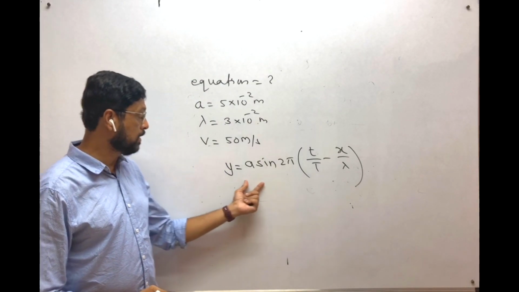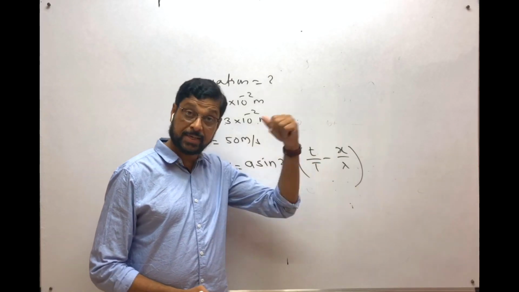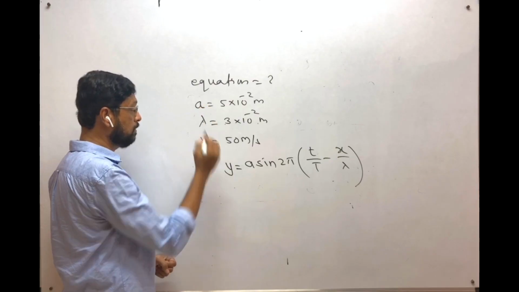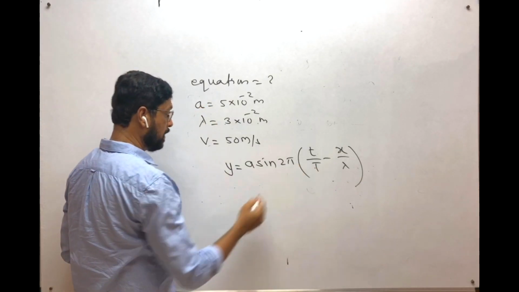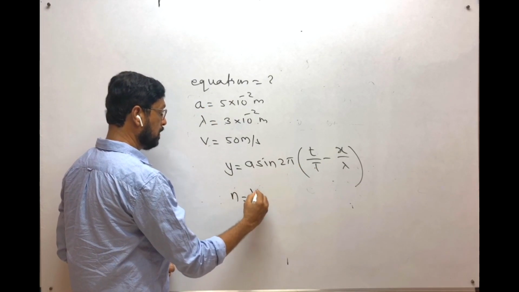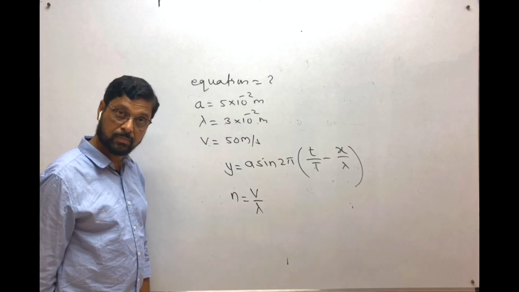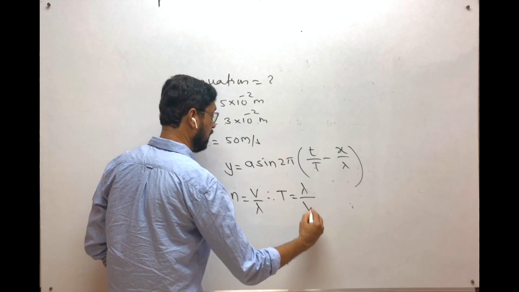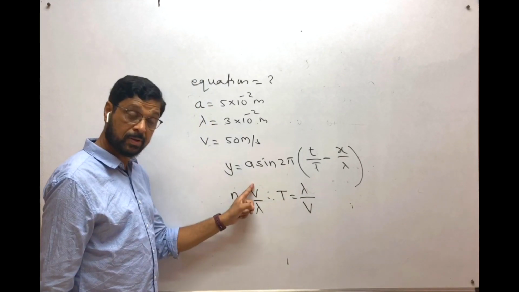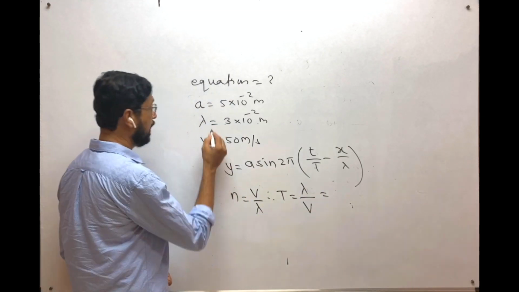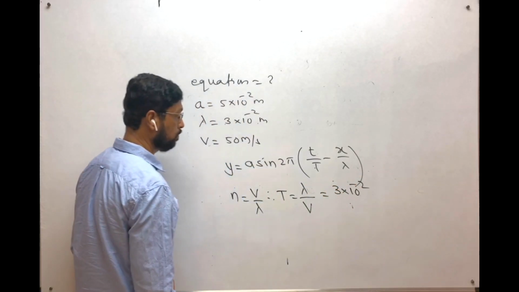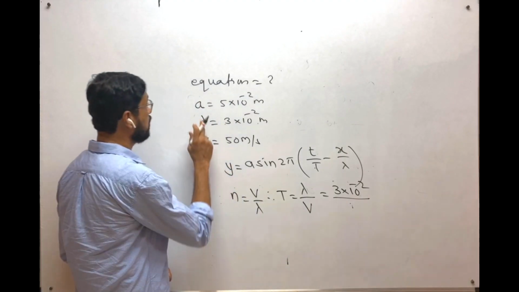Here lambda is given, a is given, capital T or n is v by lambda, or you can say capital T is equal to lambda by v, right? That is equal to lambda, given to be 3 into 10 raised to minus 2, upon v, which is 50.